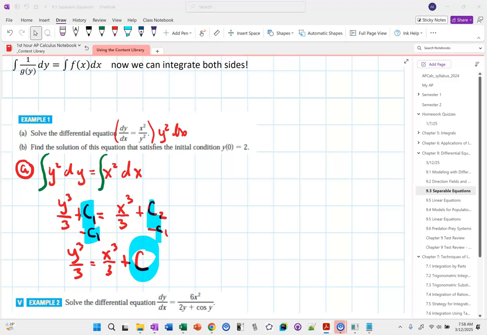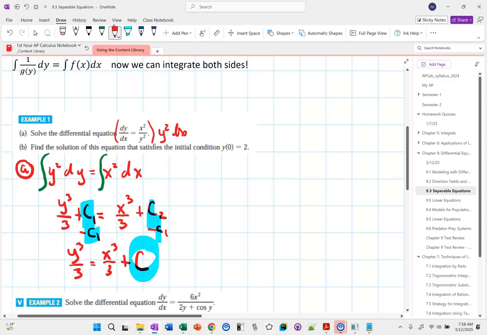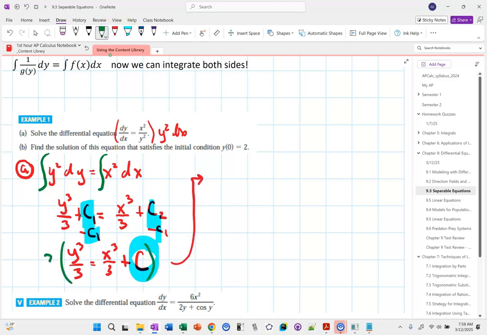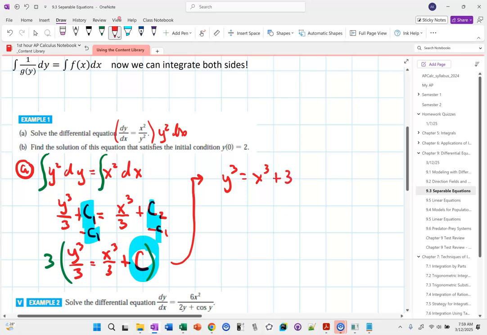Now, the only other issue might be do I want to clean this up at all so that the y is by itself? Probably. So let's multiply both sides by 3. Everybody's okay there?